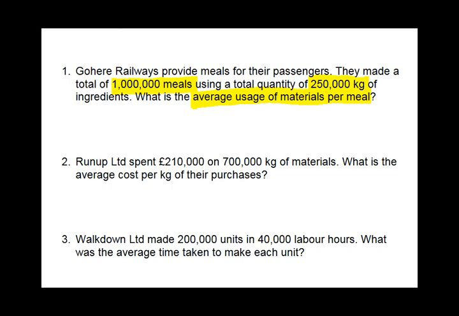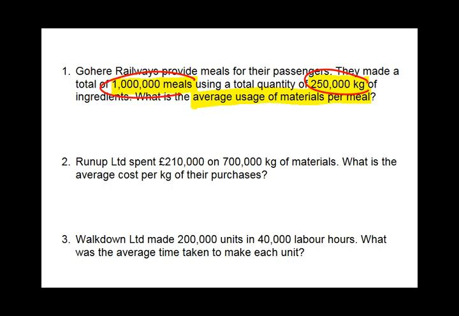If I look at my solution now, the key with these sorts of averaging calculations is make sure you divide the correct number by the other correct number. It's very easy to muddle the numbers up and to divide the wrong way. Now if we want the average usage of materials per meal, so how many kilograms of material each meal used, just applying a little bit of logic here, we've used 250,000 kilograms, and we've managed to make 1 million meals with that.